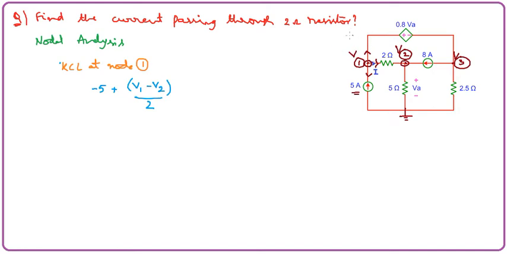These types of nodes, where in between two nodes there is a voltage source, are called a super node. So let me identify the super node here. Please mark here, this is called the super node.